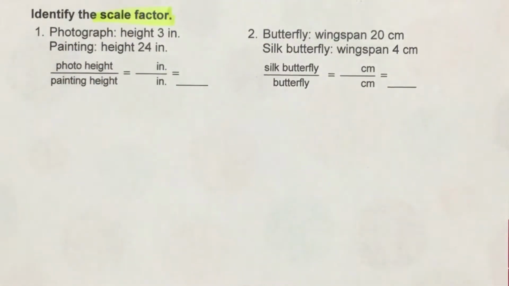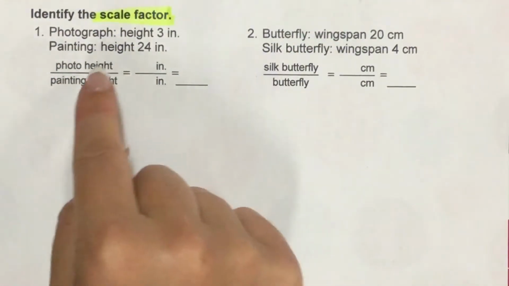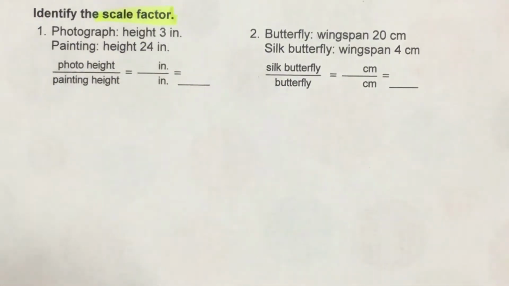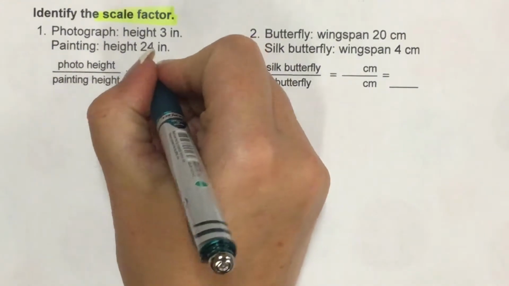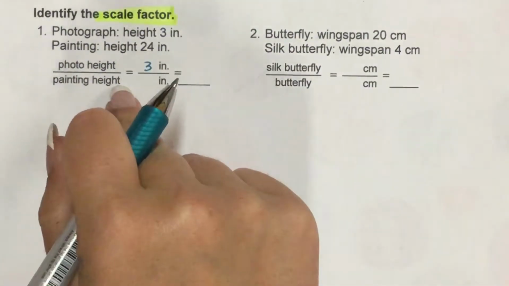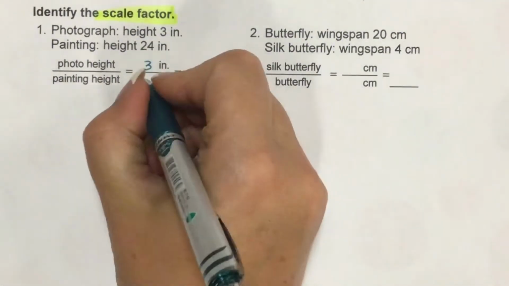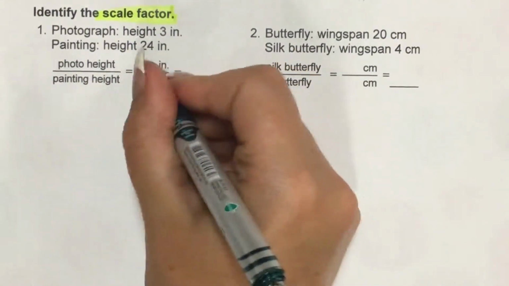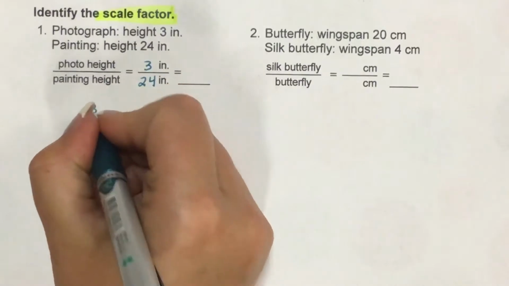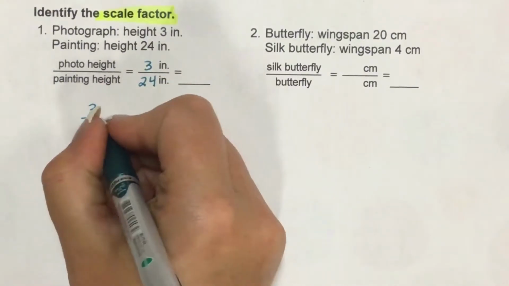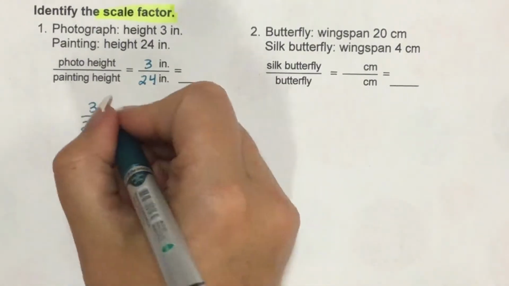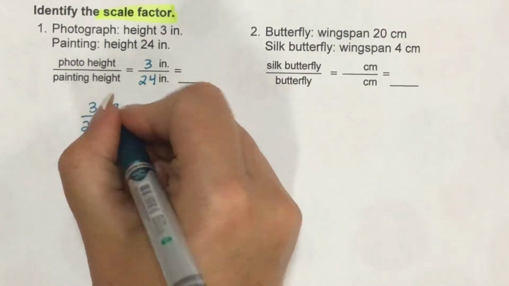So we're going to put the smaller one on top. So the smaller thing is the photo height, okay? So that's going on top. So our 3 inches goes on top. And then we have the painting height, which goes on the bottom, which is 24. So to figure out the scale factor, we need this to equal a 1. So I'm going to go down here. I have 3 divided by 24. And to make this on top into a 1, that means I'm going to have to divide it by 3.